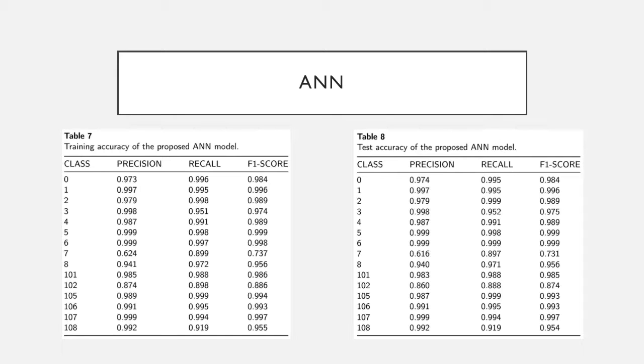One thing to note with the neural network model is that class 7 has low precision and not as good recall as any of the other classes. This is because class 7 does not have as many data points as the other classes.